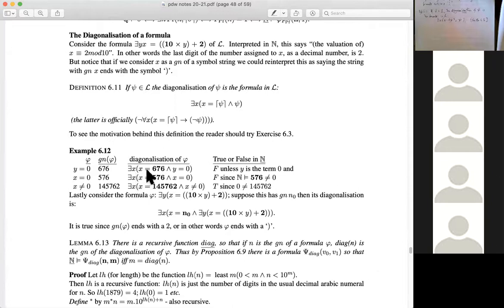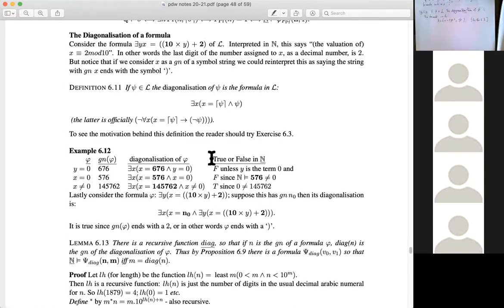So what would the diagonalization be? There exists x, such that x equals the numeral for this code number, 676, in conjunction with the formula y equals 0. So here's a formula of the language L. It says there is an x such that x equals 0 with 676 dashes after it, and y equals 0.